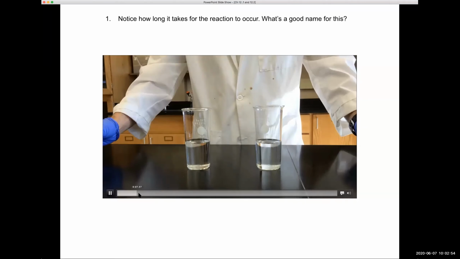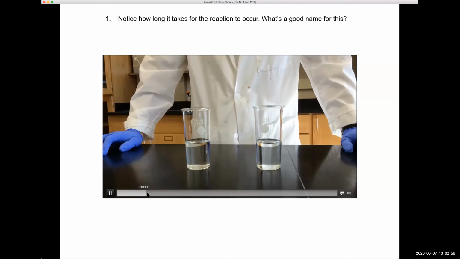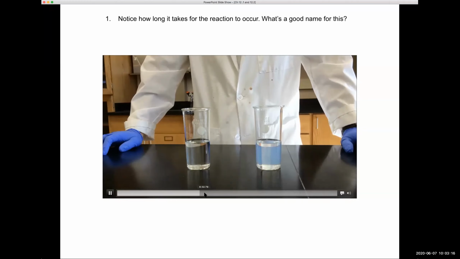Okay, the solutions have been mixed at about 4 seconds. I'm moving the cursor along with the scroll bar. So if you look at the bottom of the slide, you can see the time it's taking. And after about 20 seconds, you can see that the beaker on the left of the chemist is starting to get a little cloudy. That's because a white precipitate is forming.